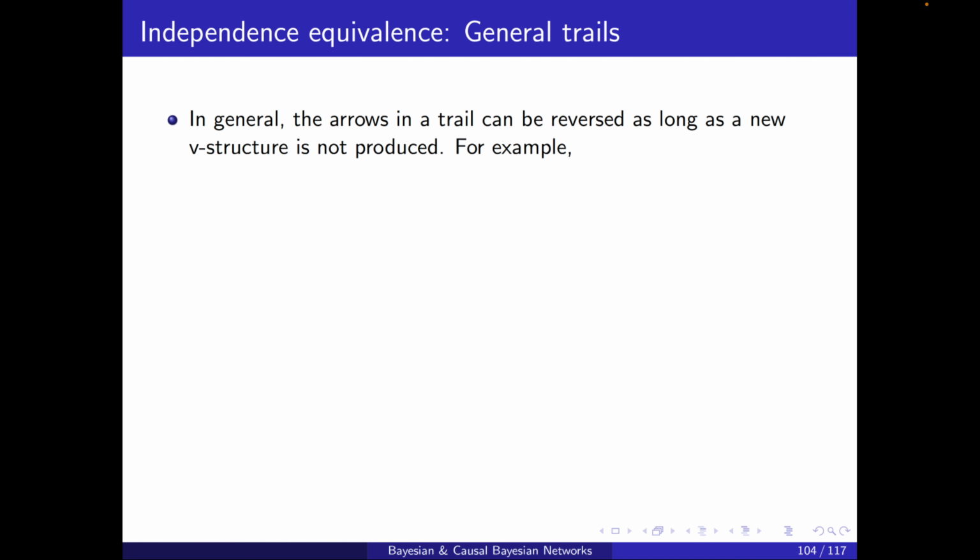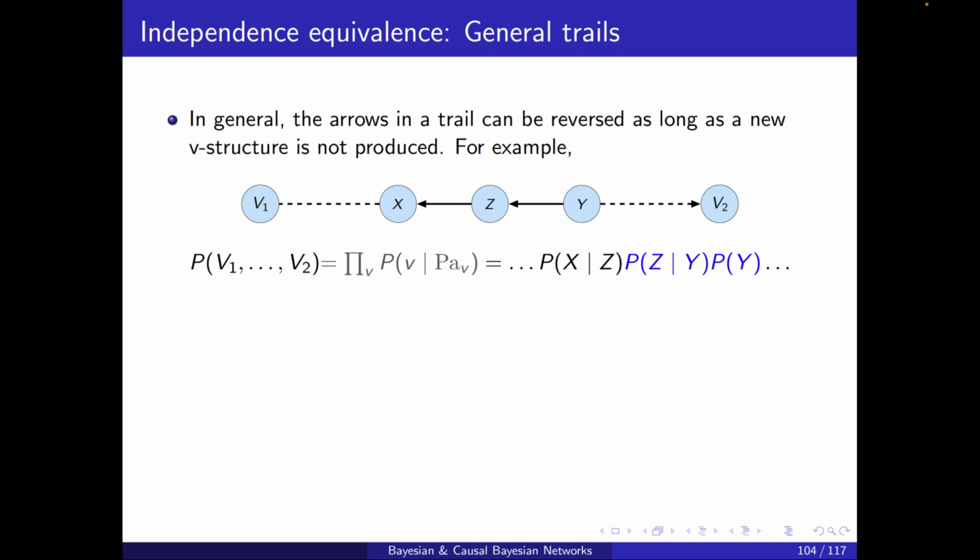Now, in general, the arrows in a trail can be reversed as long as a new V structure is not produced. So, for example, if we have a trail like this, with Y linked to Z linked to X, the joint distribution will be the multiplication of the CPDs, each node conditioned on its parents.